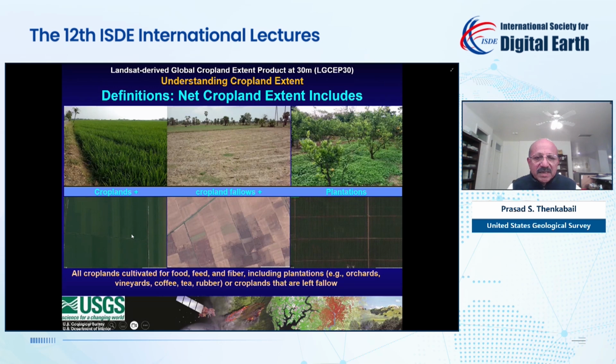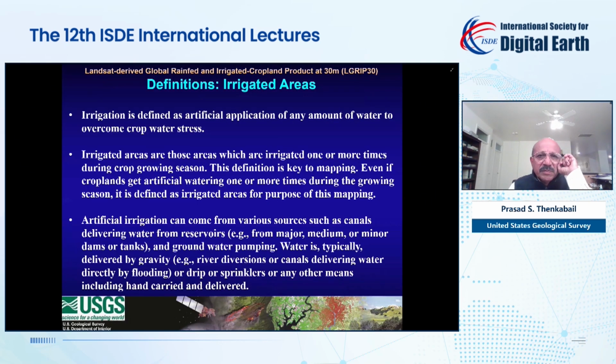A standing crop looks like this, a fallow looks like this, a plantation looks like this. So when you combine all this, that is standing crop, cropland fallows, and plantations, it is cropland by definition. And also defining irrigated areas.